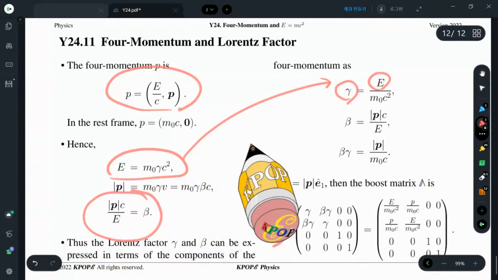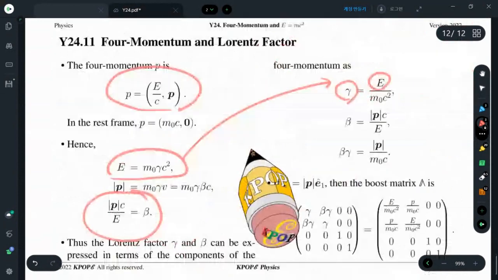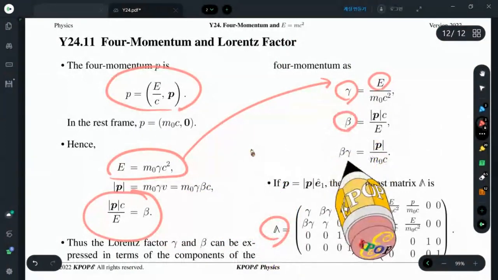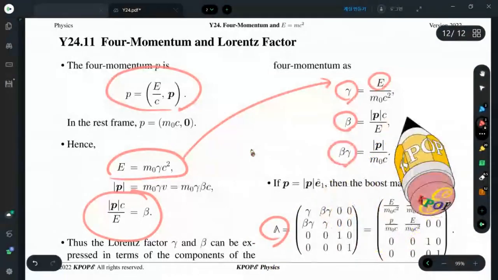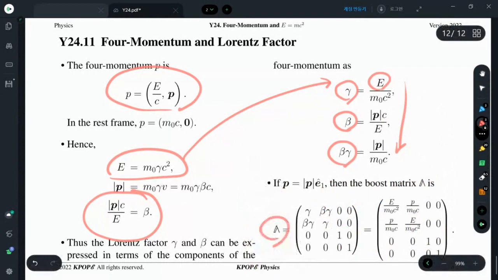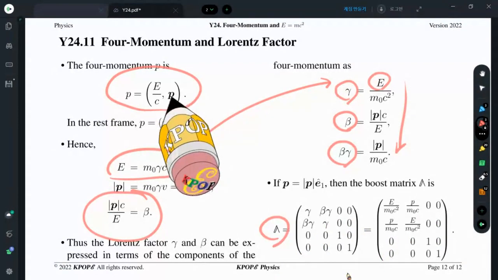This one comes from the energy-momentum relation. As a result, gamma, beta, and beta gamma can be computed using this simple relation. So the Lorentz boost matrix can always be expressed in terms of the four-momentum, the spatial component of the four-momentum, and the energy of a particle.